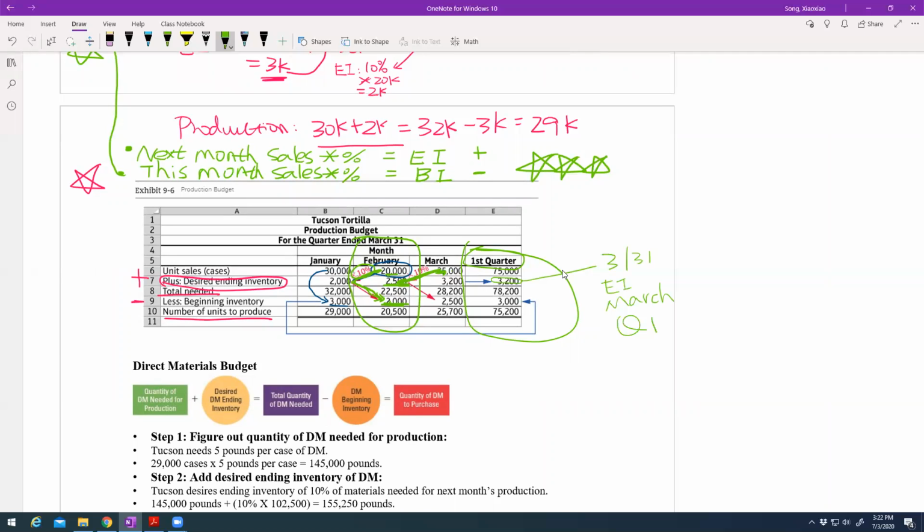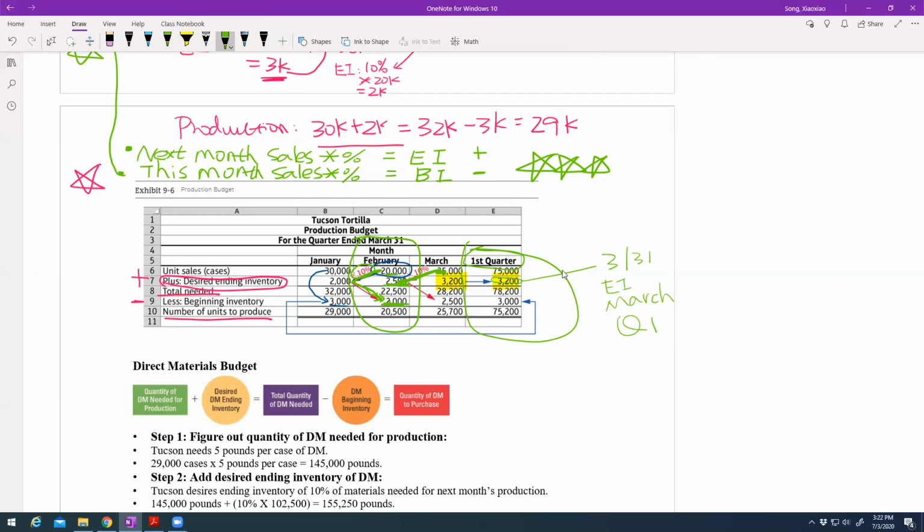So the ending inventory of your first quarter is the ending inventory of March. Then next, let's continue.